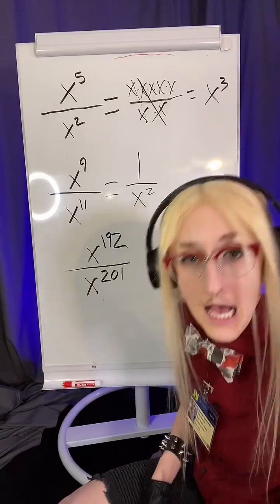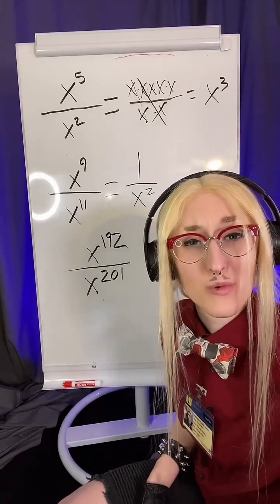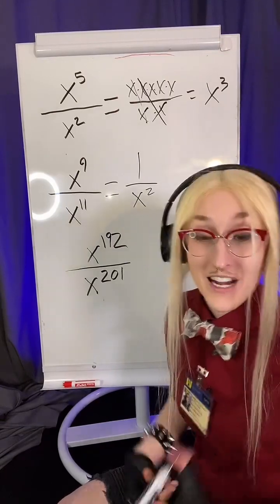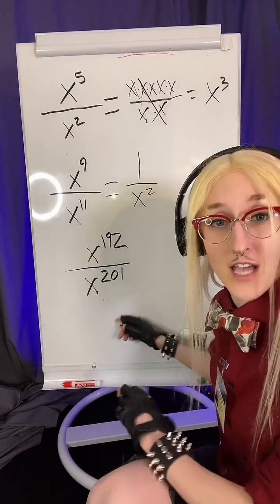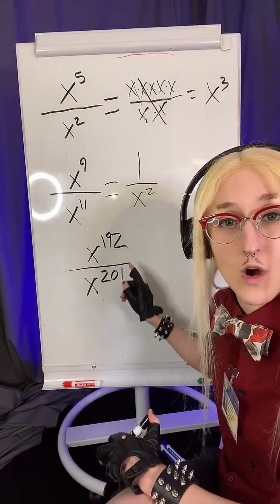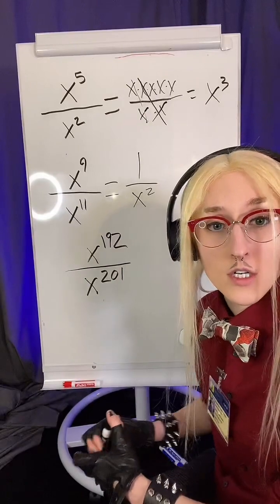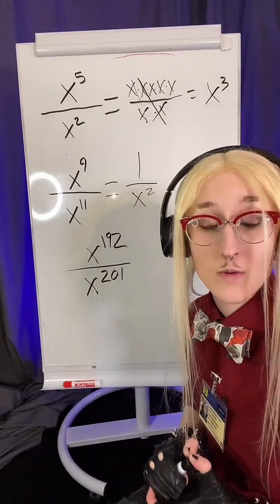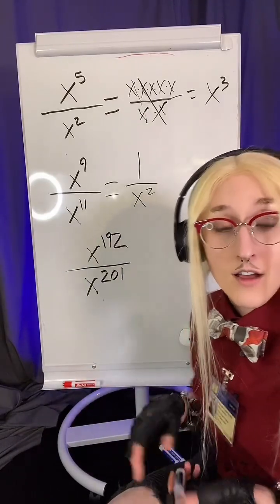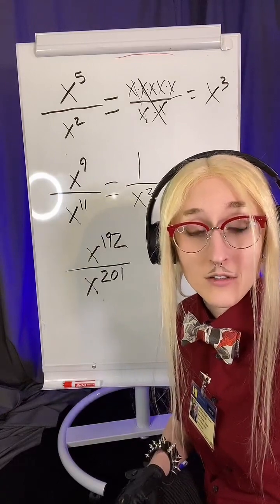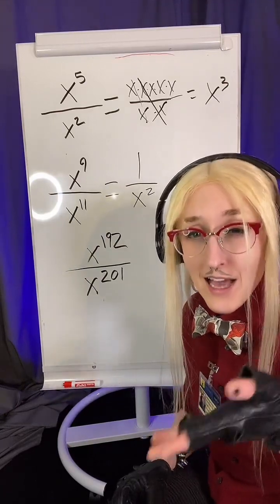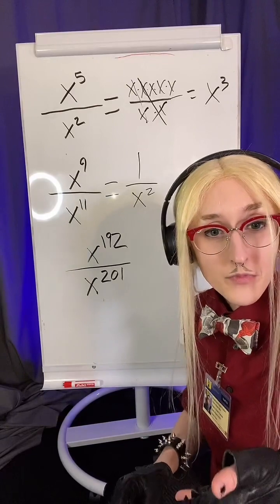I don't have the time, and I don't wanna. But what I can do is 201 minus 192. And you can also slap that situation into a calculator just fine, and figure it out. I'm a big advocate of calculators.